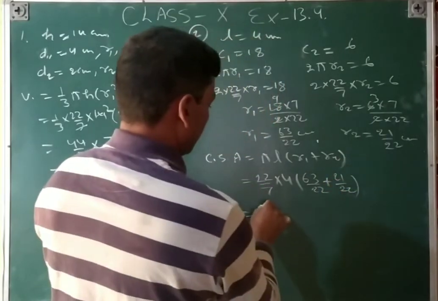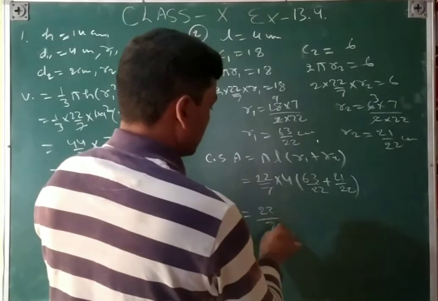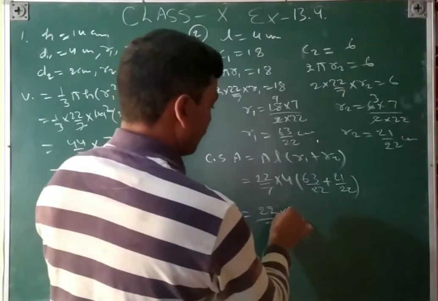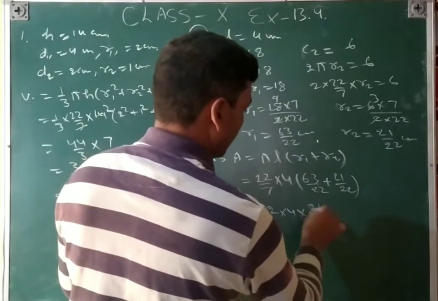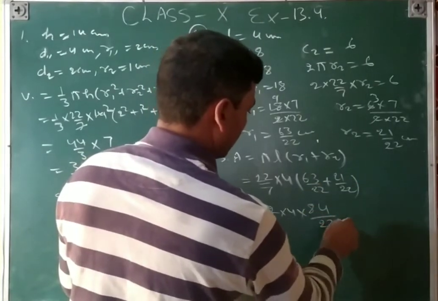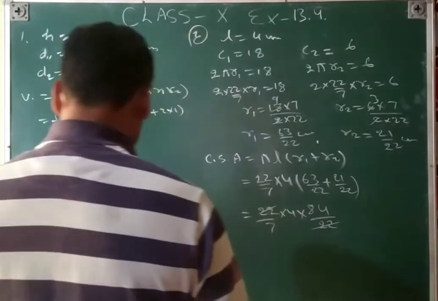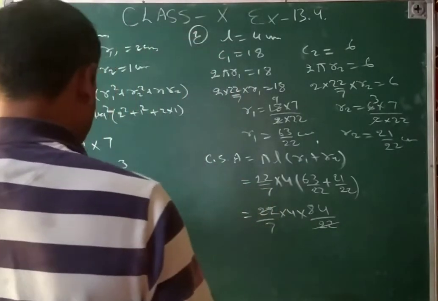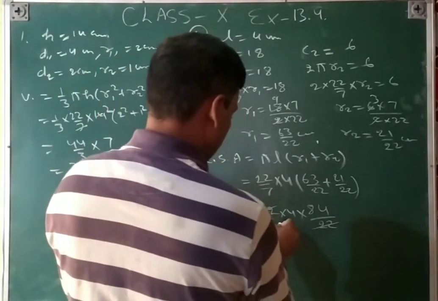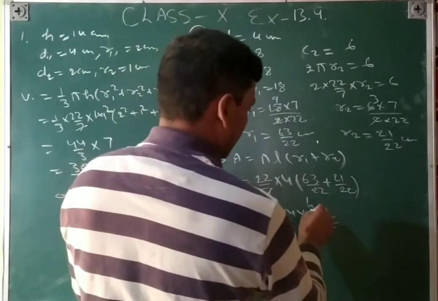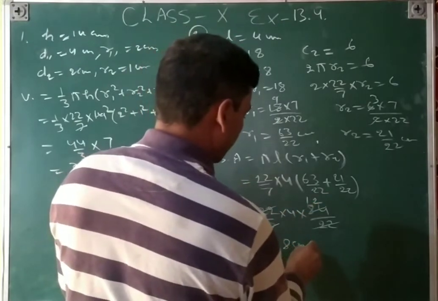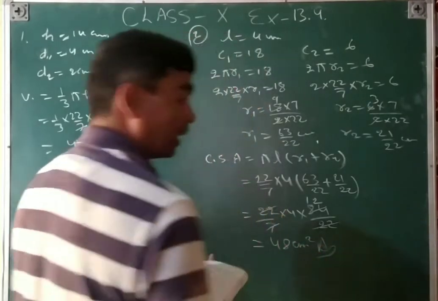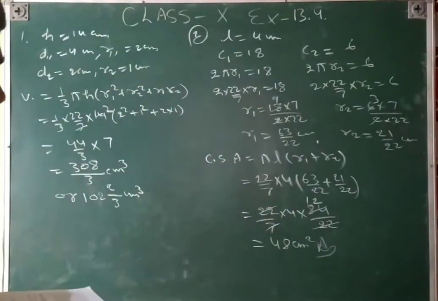That gives 22 upon 7 into 4 into 84 upon 22. 22 cancels by 22, and 7 times 12 is 84, so the answer is 48 centimeter square, because we have found the surface area.